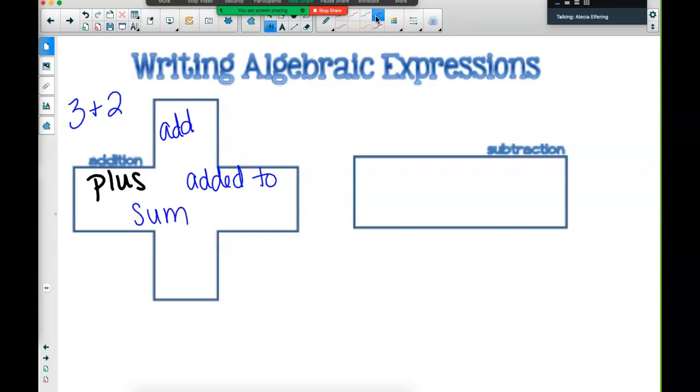There's one more, increased by: 3 increased by 2. And how about more than? 2 more than 3, or 3 more than 2. Those are all phrases we could use.